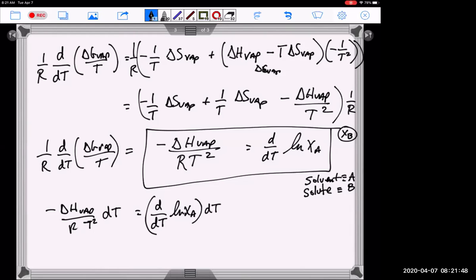We multiply both sides by dT and integrate from T star, the standard freezing point, to some new T. And so here we're going to get minus delta H of vaporization over R, and we have a minus 1 over T evaluated from T star to T. And this equals ln of xA, since we're taking the integral of something that was just a total derivative, which gives us ln of xA. Okay, any questions so far?